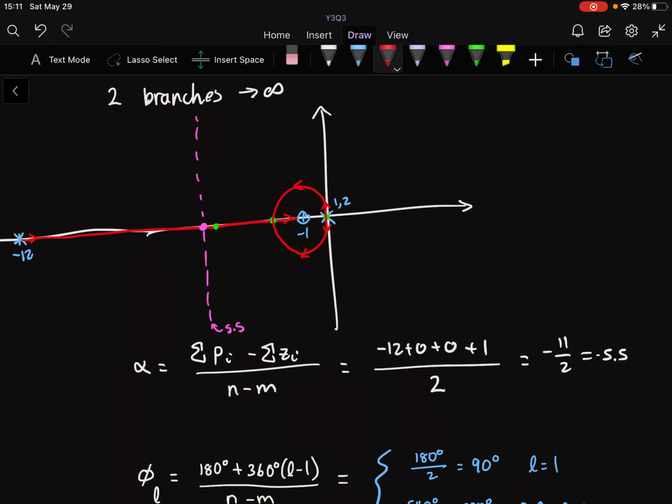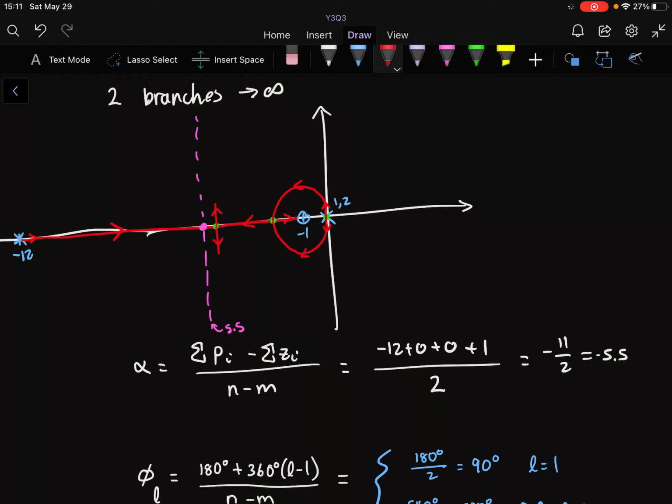One's going to go to the zero at negative 1, and one's going to go towards infinity. But from the other side, from our pole at negative 12, we also have another branch coming in. And so those two branches are now heading straight for each other, and they're going to crash into each other at the green dot. And that is where our third breakaway is going to occur.